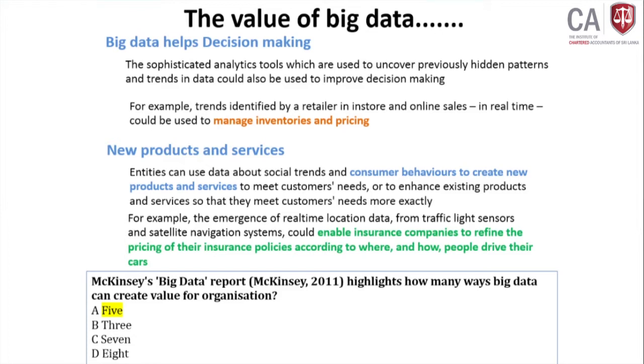Let's say based on the car quality and also the pedigree of the car, the pricing also can be increased. They know that the people who buy this car are very rich, so they tend to increase the price of the insurance policy of that car. Likewise, so many things can be done using big data.